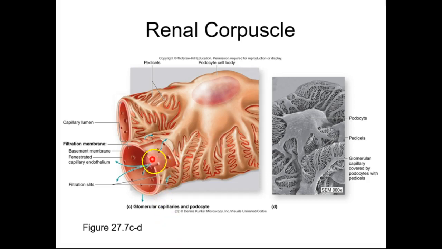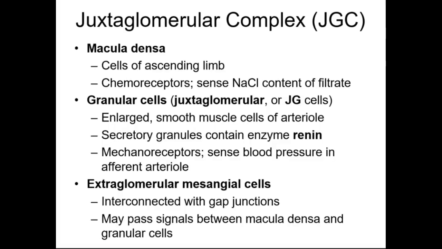The other part of the filtration membrane is that the capillary bed here that makes up the glomerulus has fenestrations. This is a fenestrated capillary bed. So what do fenestrations allow through versus what do they maintain? They allow passive diffusion of molecules.